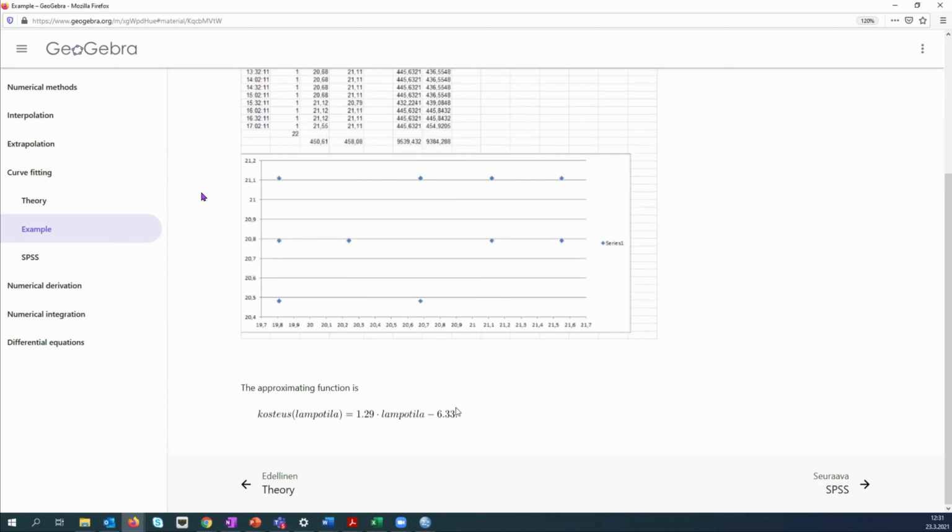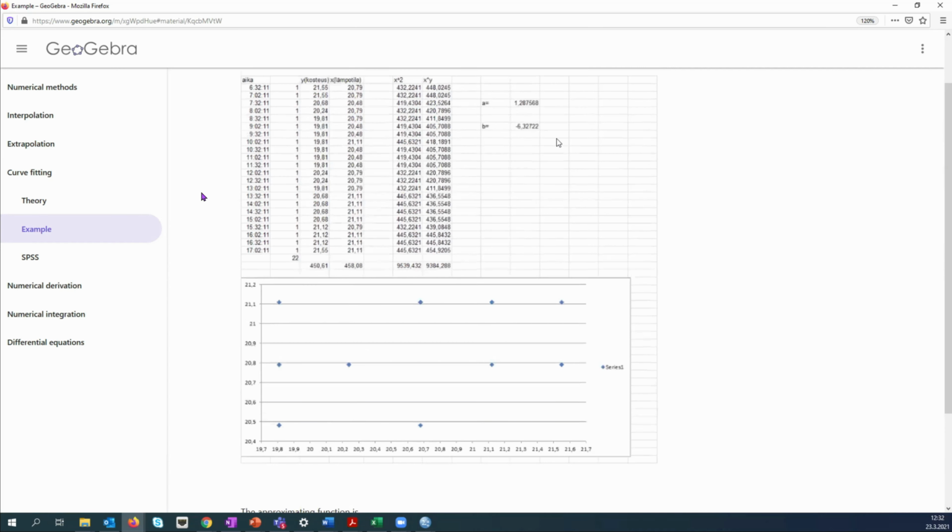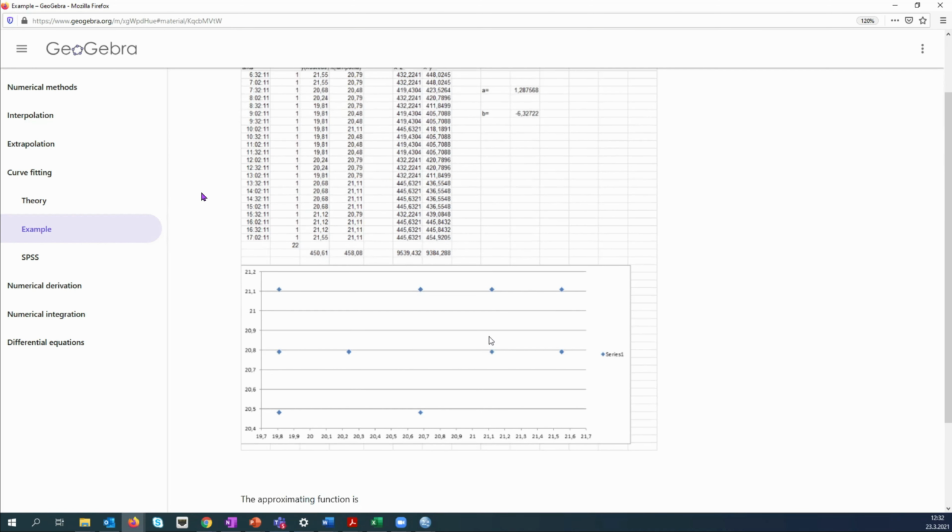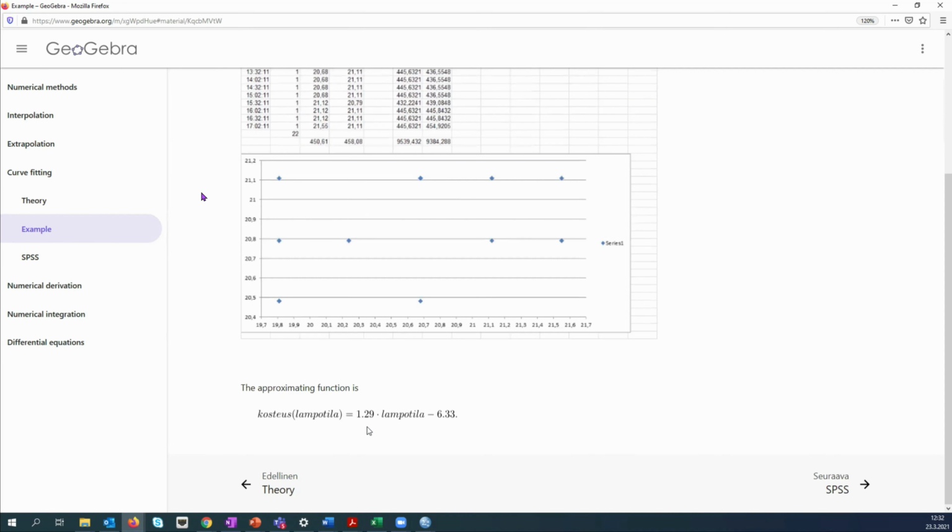This is the function it gave me. So as you see, A is 1.29 and B is minus 6.33, used here. And I just used the formulas on the previous page.